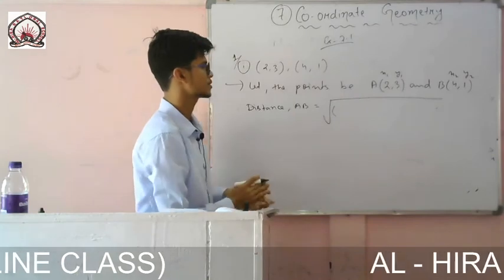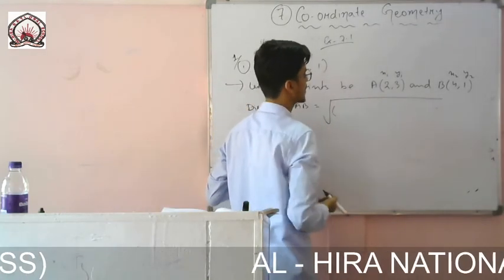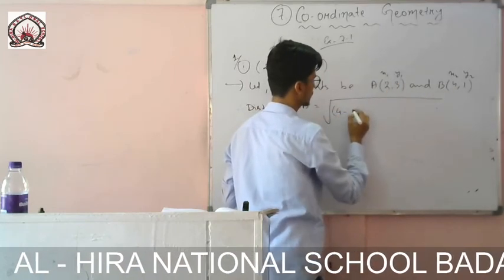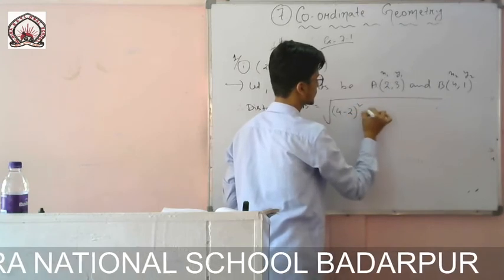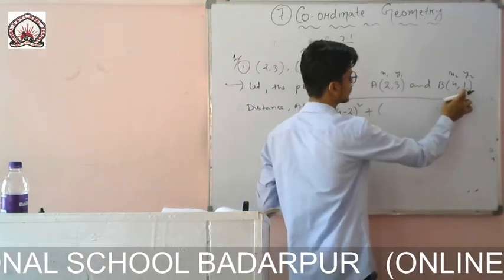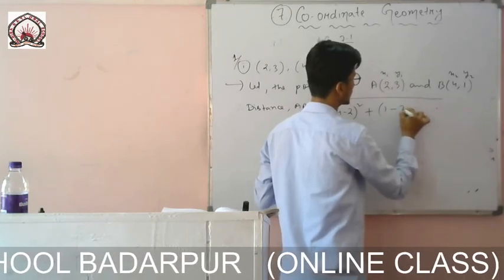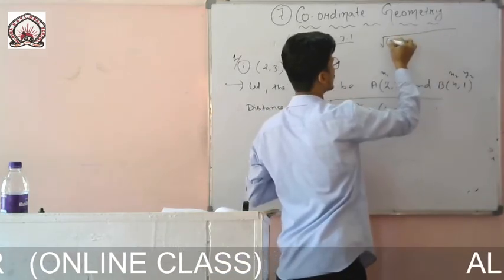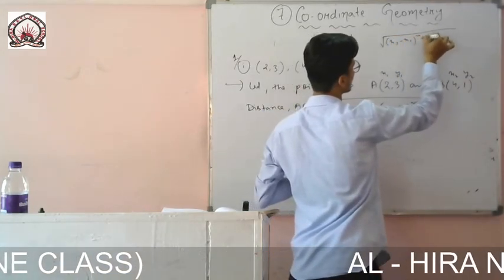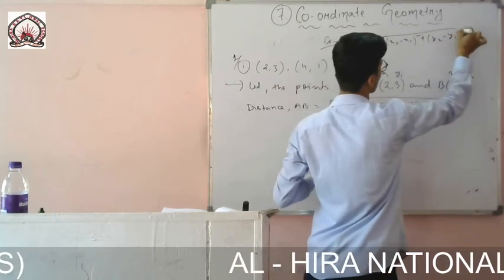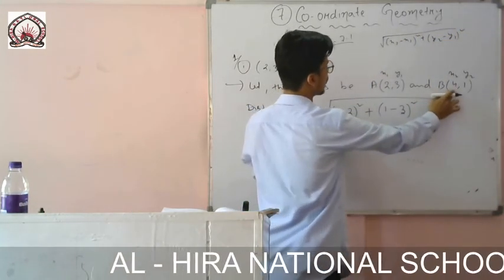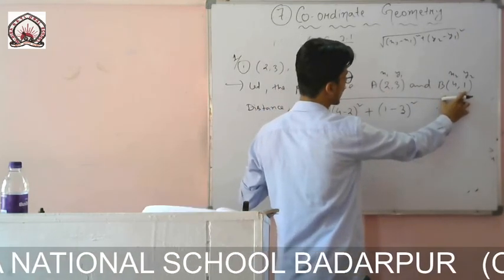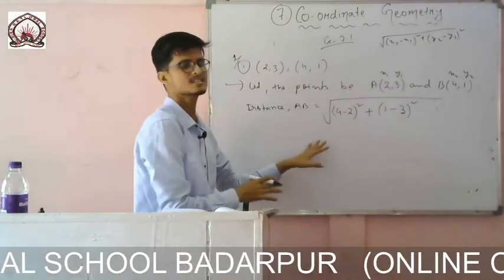So now let us use the formula: x2 minus x1 whole thing square plus y2 minus y1 whole thing square. Here x2 is 4, x1 is 2, so 4 minus 2 whole square, plus y2 is 1, y1 is 3, so 1 minus 3 whole square. This is the formula I have used.